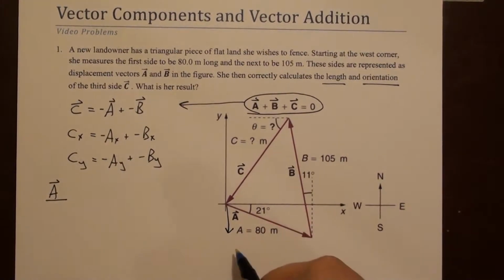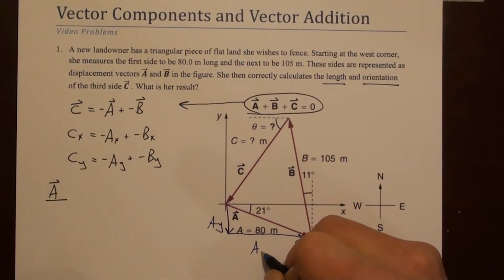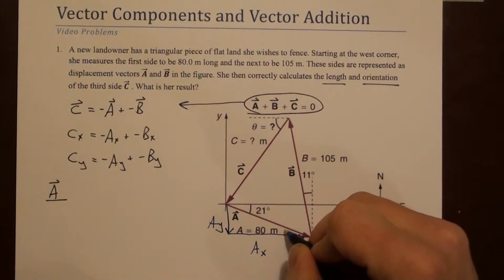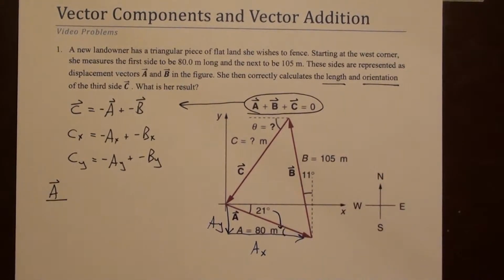So I can draw these two vectors, and these are the component vectors of A. Here's A sub y, and here's A sub x. And this angle here is also 21 degrees. These are alternate interior angles of parallel lines. But I think you can argue that to yourself in any number of ways.